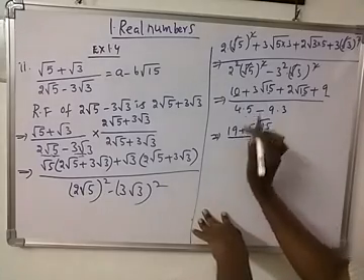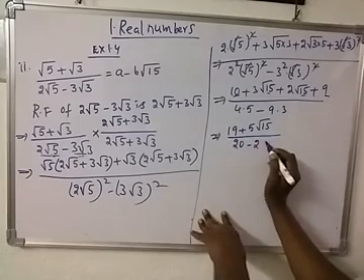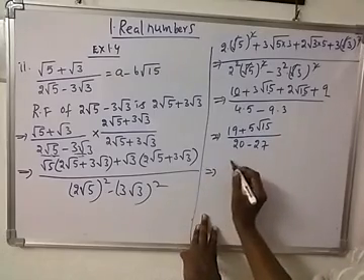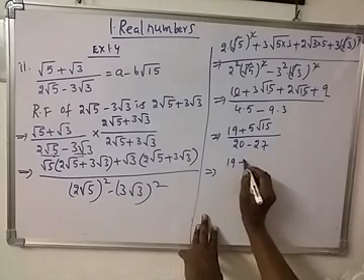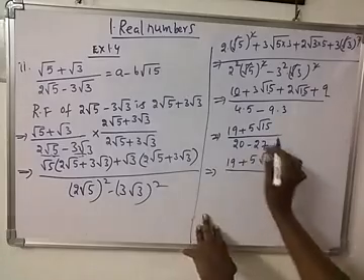Divided by 4 × 5 is 20 minus 9 × 3 is 27. This can also be written as (19 + 5√15) divided by (20 − 27).